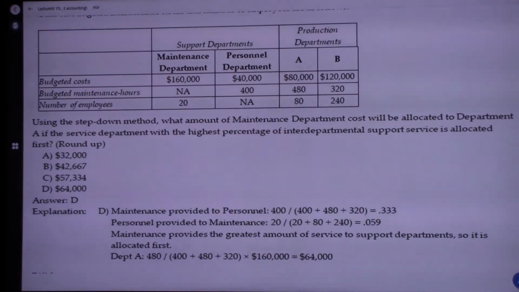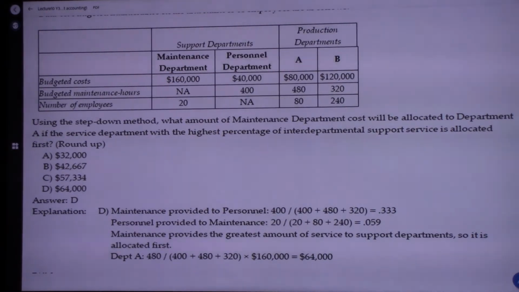So the example is asking how much cost is going to be allocated from the maintenance department to production department A, if the allocation base under the step-down method is that the support department with the highest percentage is going to be allocated first.